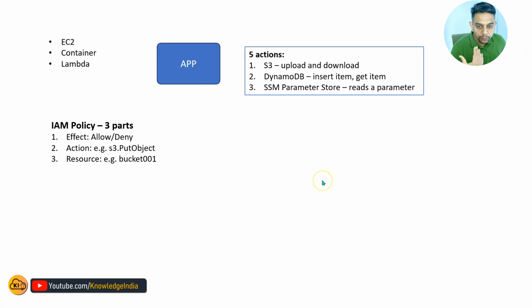All right. So with that, what we understood essentially is how you should look at the actual actions which your application calls. Do not just specify S3 full access or DynamoDB full access, right?